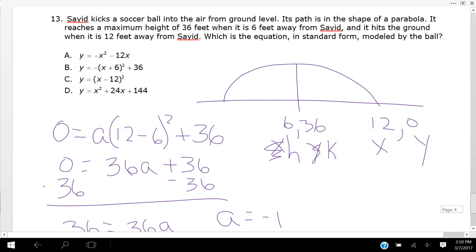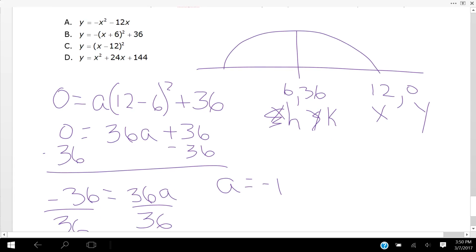So I have a -1 first of all. So it's got to be b, because I don't really have to solve it if I have y equals -1 times x minus 6 squared plus 36.